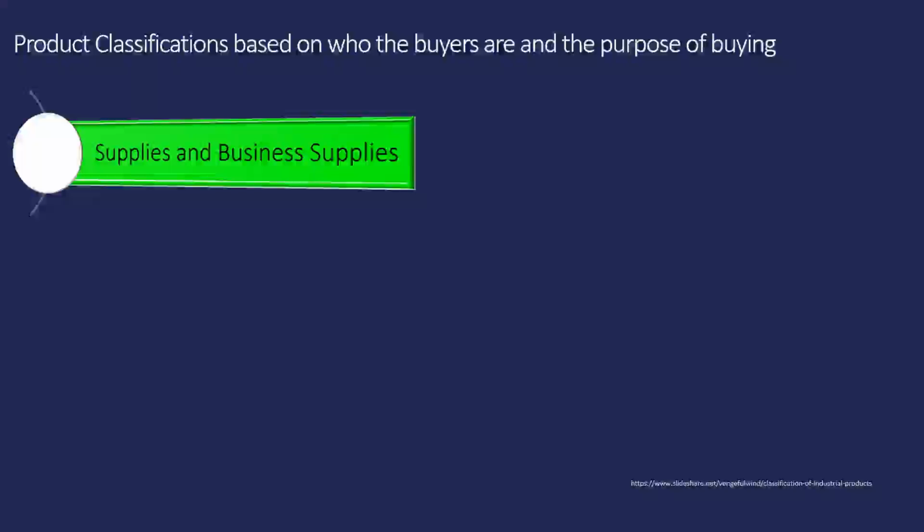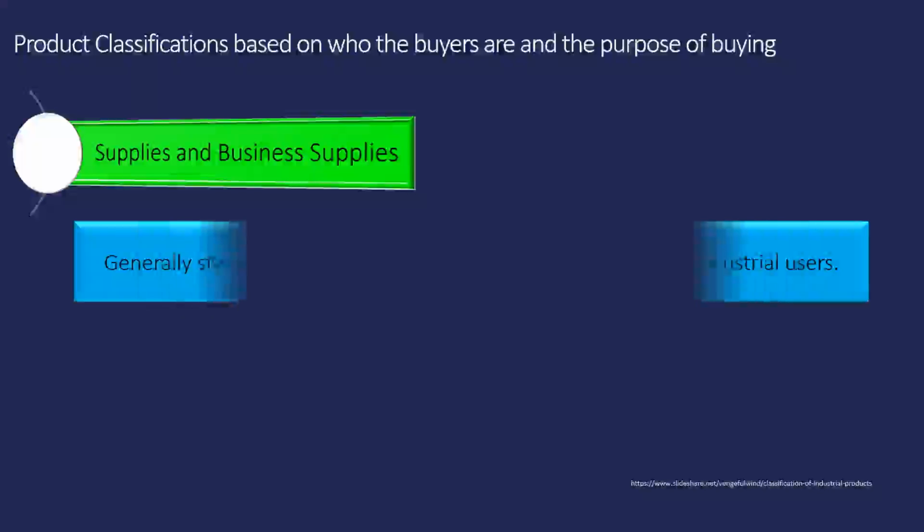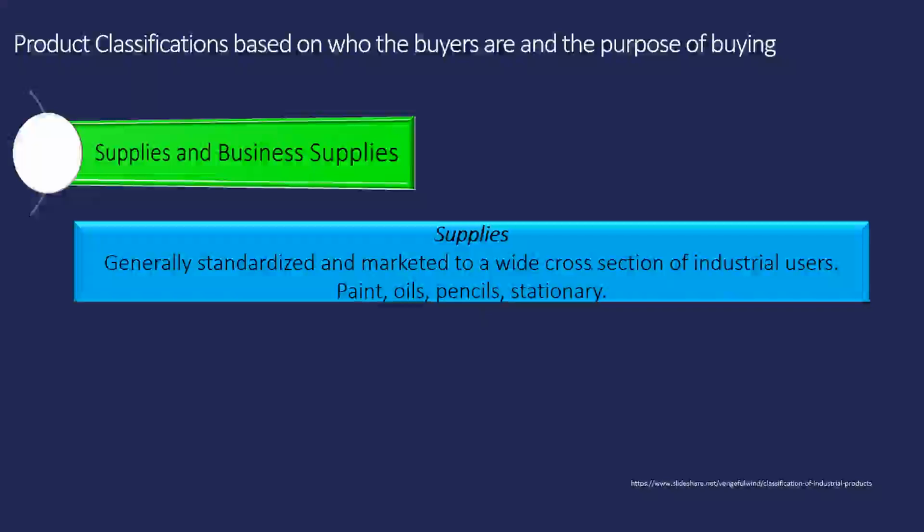The next one we have is supplies and business supplies. For business supplies, we have supplies which are generally standardized and marketed to a wide cross-section of industrial users. Let's say we have produced a product and we want to sell it across the nation.